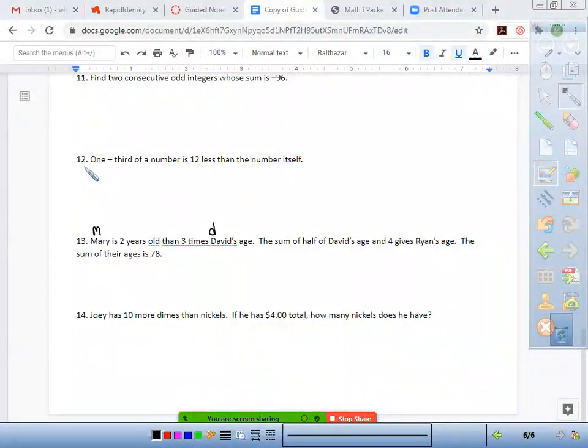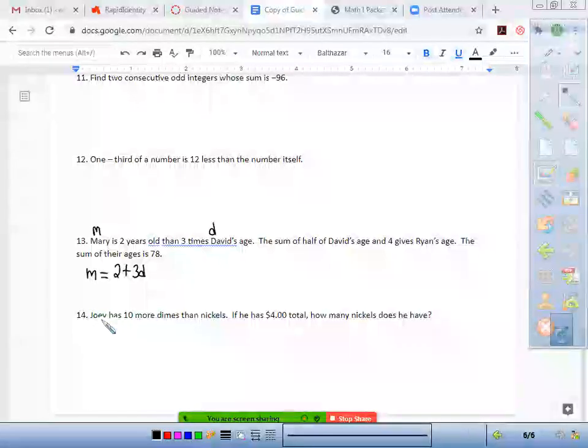So M equals 2 years older than, so 2 plus 3 times David's age, so 3D.